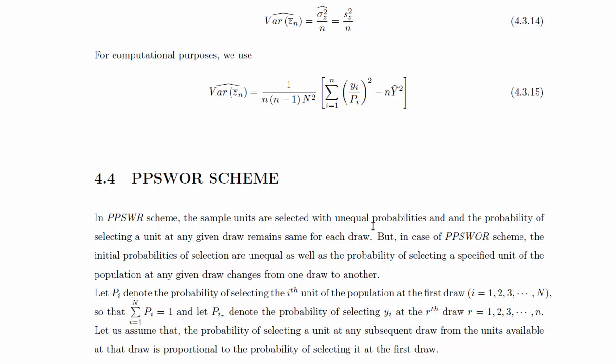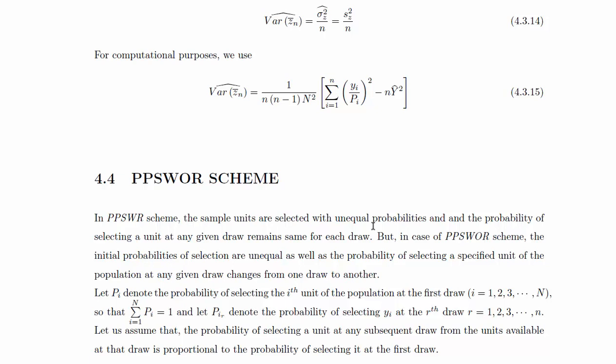So it is probability proportional to size without replacement scheme. Since once a unit is selected at any draw, we are not replacing it back into the population, for each subsequent draw the number of units of the population decreases by 1. So the selection probabilities change from draw to draw.